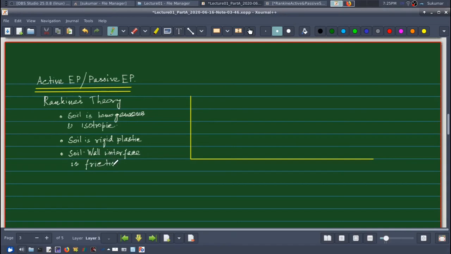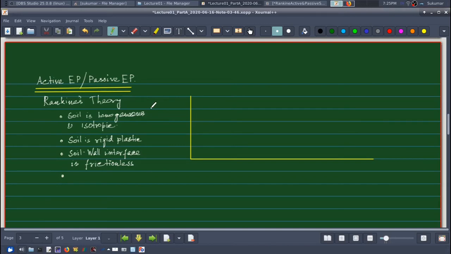We are assuming frictionless so that for the soil element very near to the wall, there is only normal stress on the vertical surface.